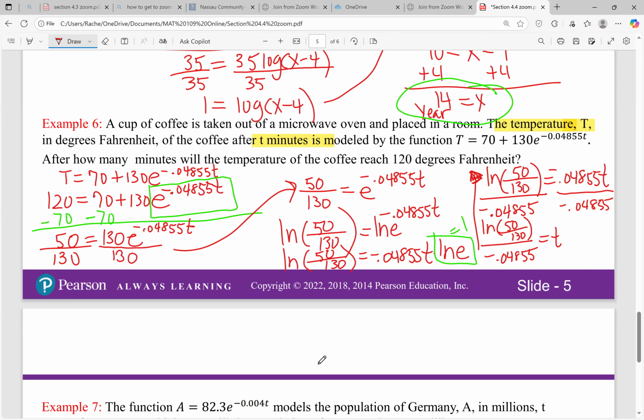And 19.68 is about 20 minutes. So after about 20 minutes, the coffee reaches 120 degrees Fahrenheit. That's what we just calculated after we take it out of the microwave.